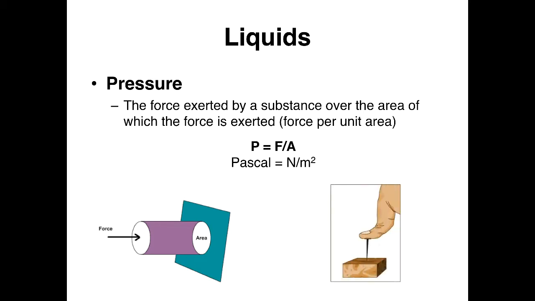Now here you see an example of a difference in pressure. The force is exerted by the thumb. The pressure on the thumb is far less than the pressure on the wood. Although the force at both places is the same, the area is different, and so the pressure is different. And therefore, the nail does not go into the thumb, but goes into the wood.